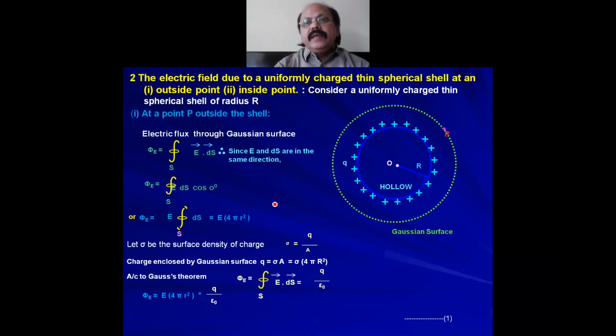Spherical shell means it is hollow from inside. So the charge which is given is distributed uniformly over its surface.